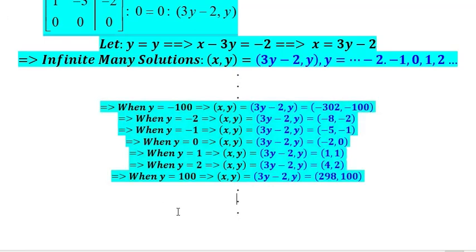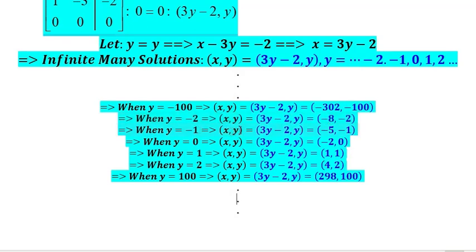For example, if y is minus 100, then x is 3y minus 2, that is 3 times minus 100 is minus 300, minus 300 minus 2, which is minus 302. When y is minus 2, x is 3 times minus 2 is minus 6, minus 6 minus 2 is minus 8.